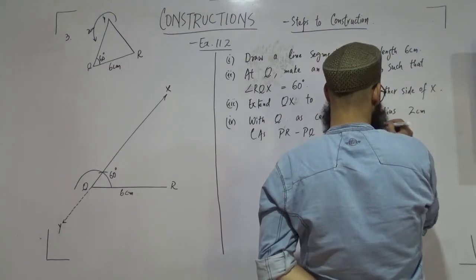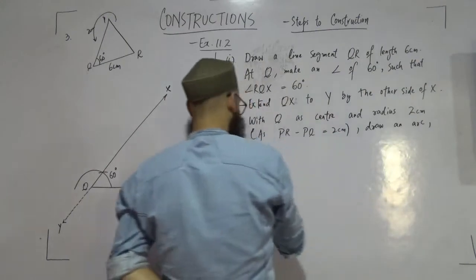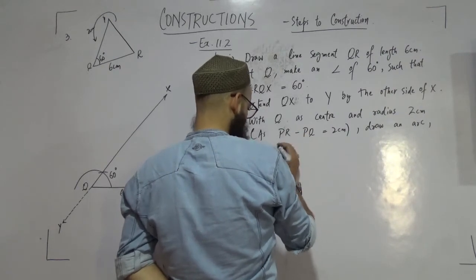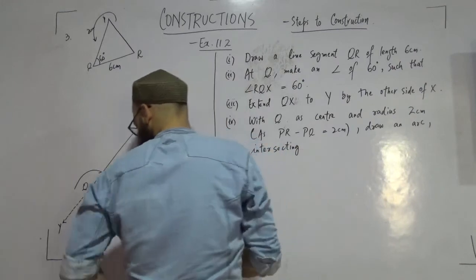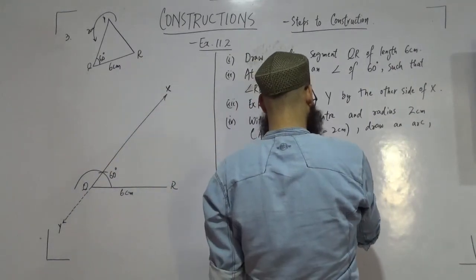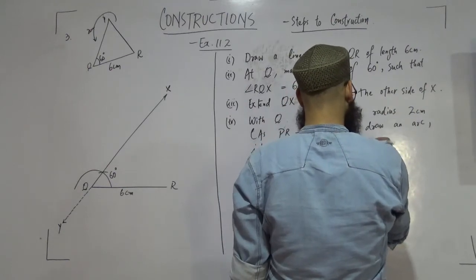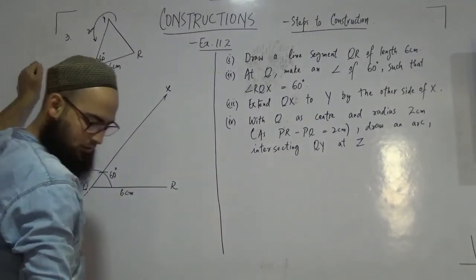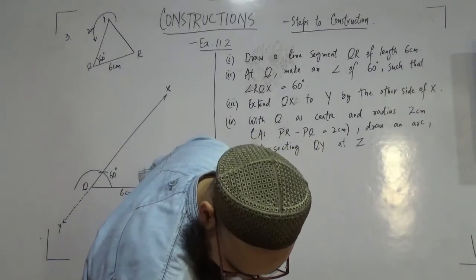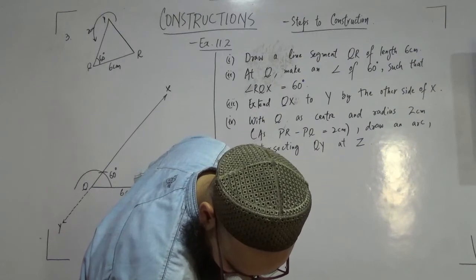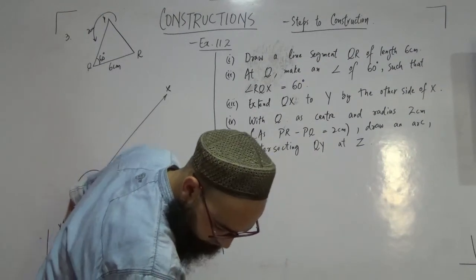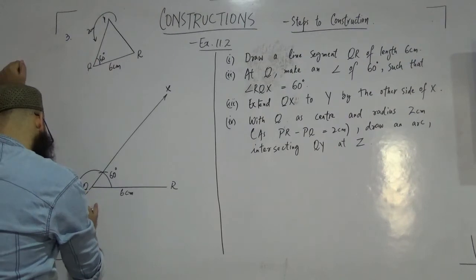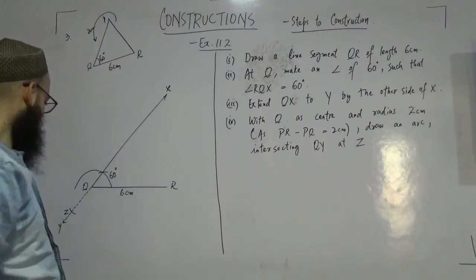Draw an arc intersecting QY at some other point, say Z. So it'll go like this.